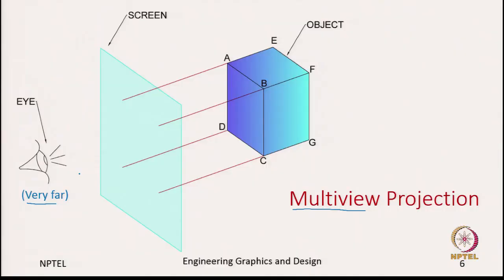So, let us say the same thing if you are looking from the top, here is your eye from where you are looking, and we said it is very far. This is the projection plane, and let us say this is the object.